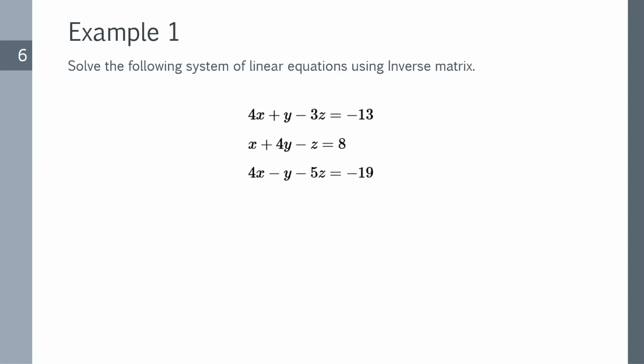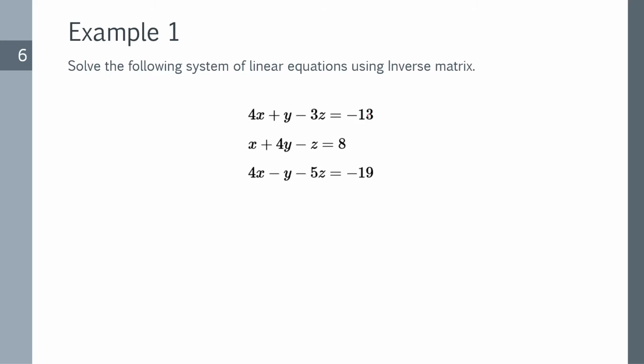Okay, so if you want to solve the example for this one, first thing they always say is using inverse matrix. So this one, first thing we need to check x, y, and z. So no problem.